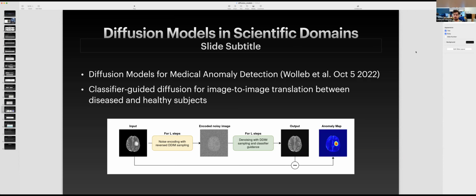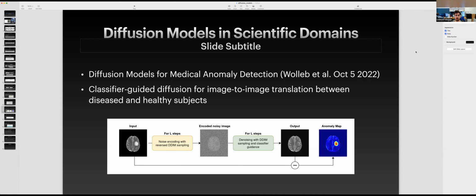Diffusion models themselves, at the scale they are now, are very new. So for diffusion models in scientific domains, there's even more of a sparsity of research. But I did find a couple of interesting papers that touch on the scientific domain.